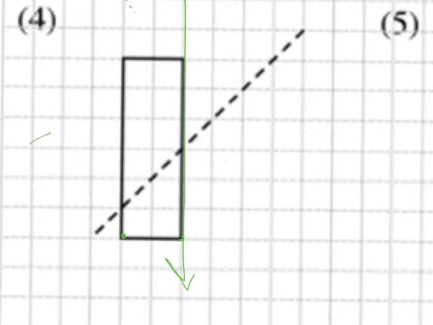We could make this my x-axis, and now this dotted line, we're reflecting across the y equals x line, which the rule for that is y becomes my x and x becomes my y. We could then find each ordered pair and do just like we did before.